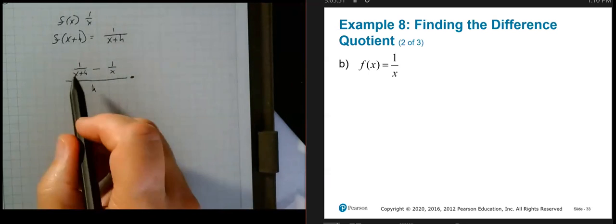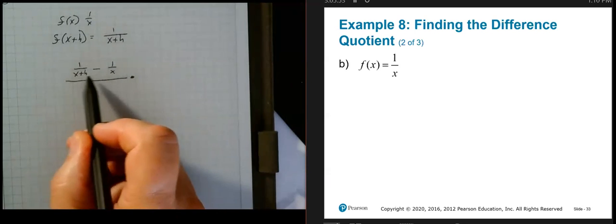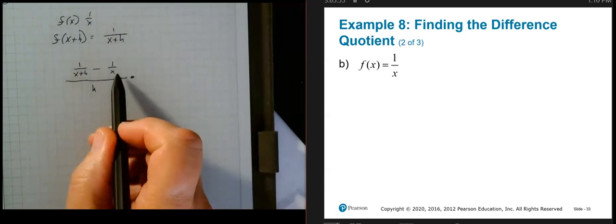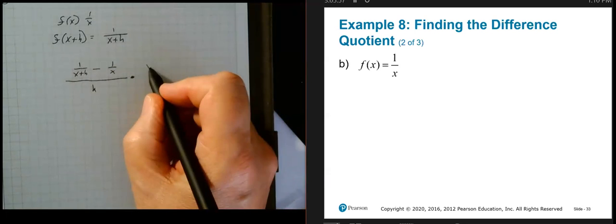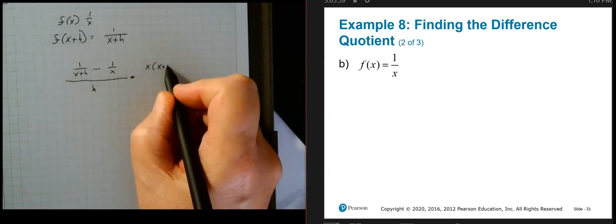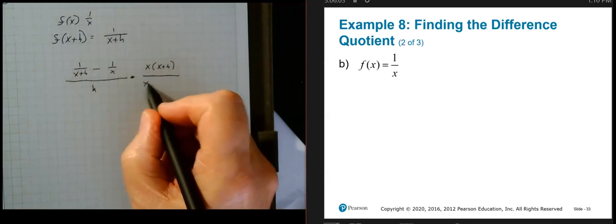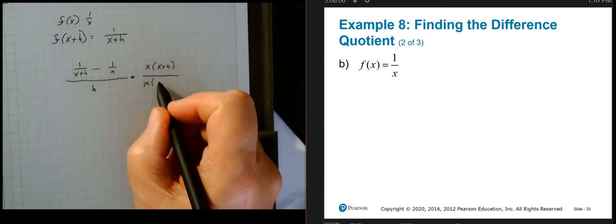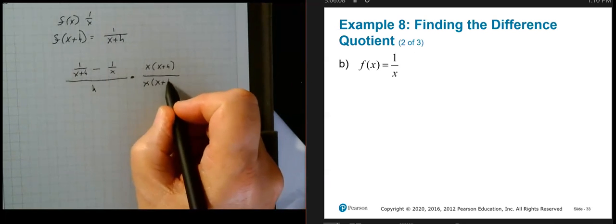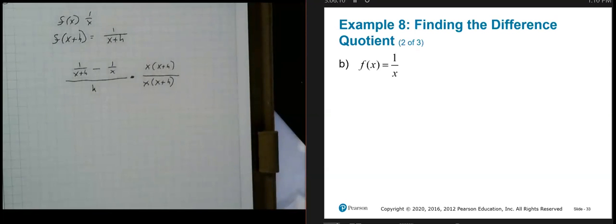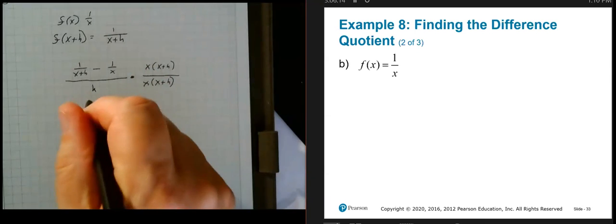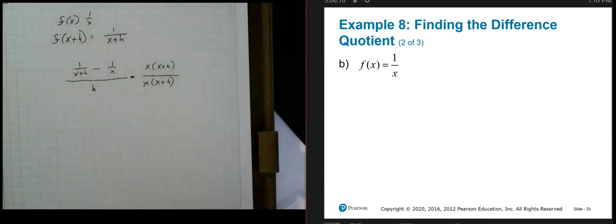All right. The common denominator here happens to be multiplying these 2 denominators together. So x times x plus h. If I multiply the numerator and denominator of the large fraction by the same thing, then I'm multiplying by 1. I'm going to change what this looks like, but not how much it is.